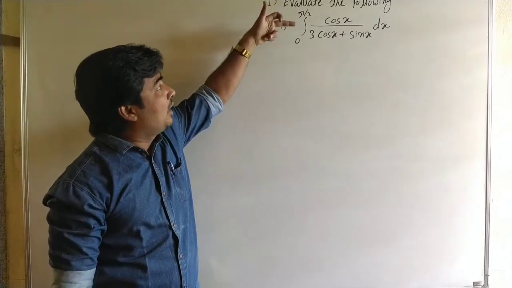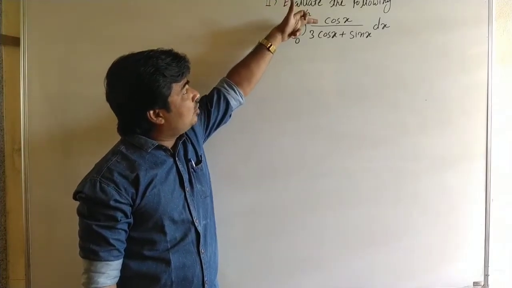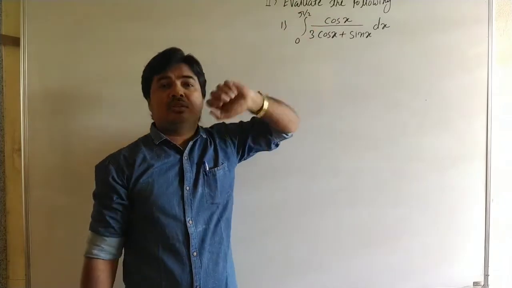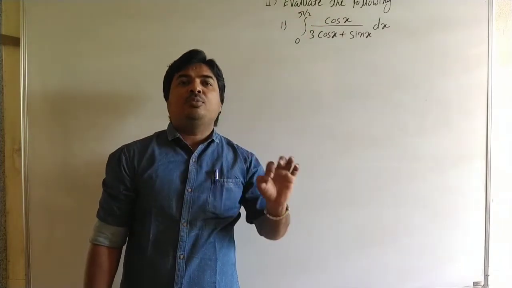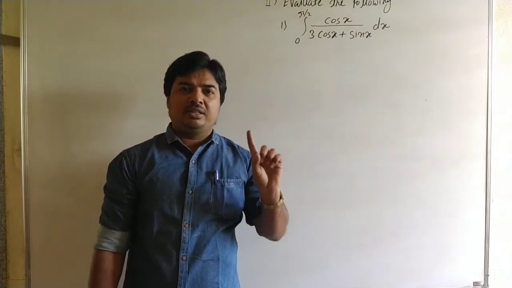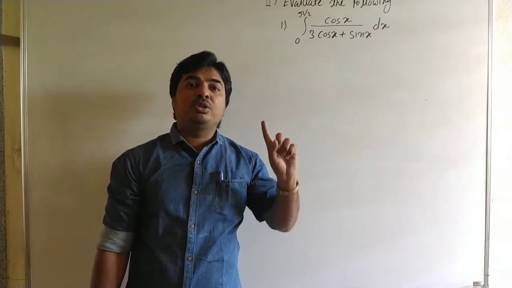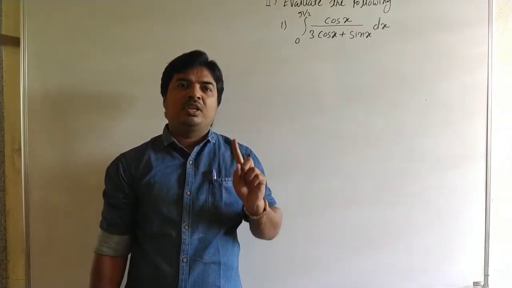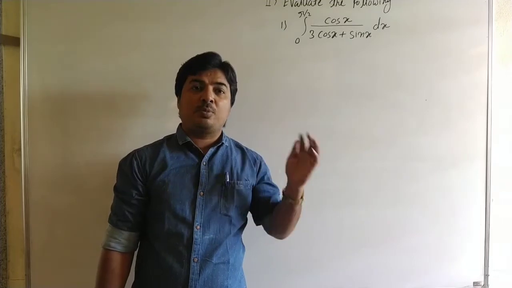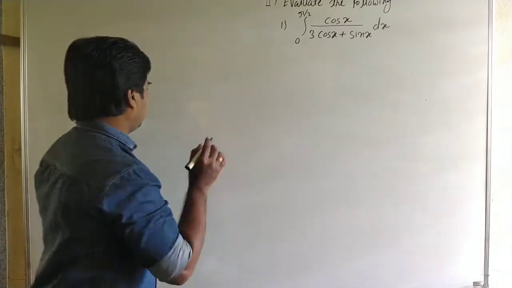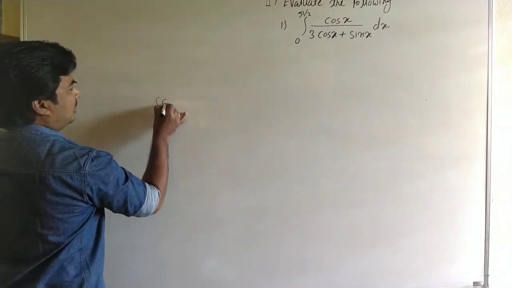Now here the integral is cos x upon 3 cos x plus sin x. It is of the type integral of a sin x plus b cos x upon c sin x plus d cos x.